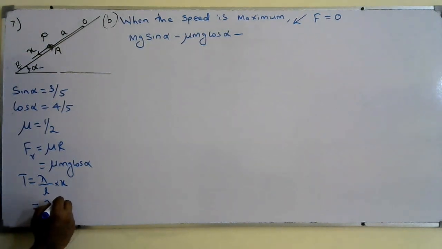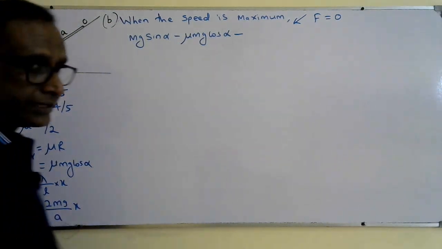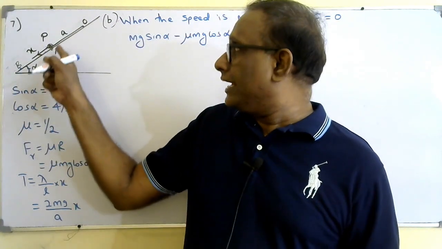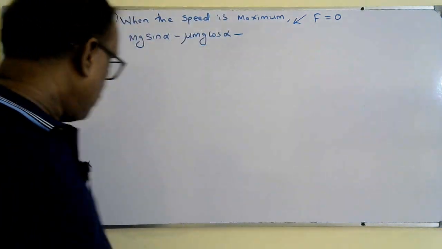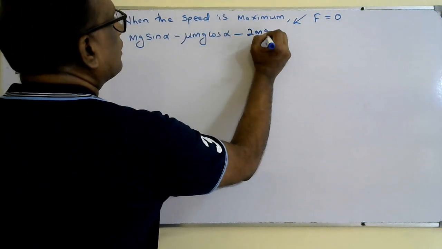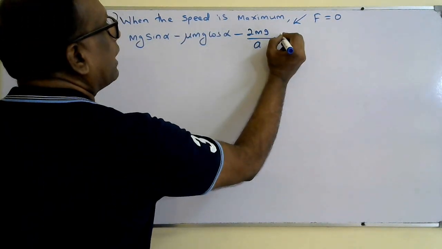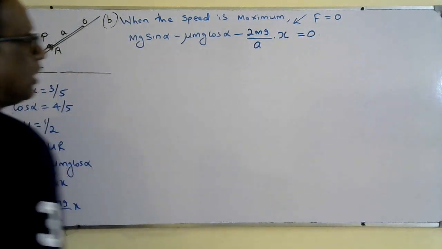Lambda we know is 2mg, over L, that is a. This is the important point: we are going to find x, the extension from A. Extension from A means the distance it moved when the speed becomes maximum. So minus 2mg over a, that's the tension, times x, equals 0.